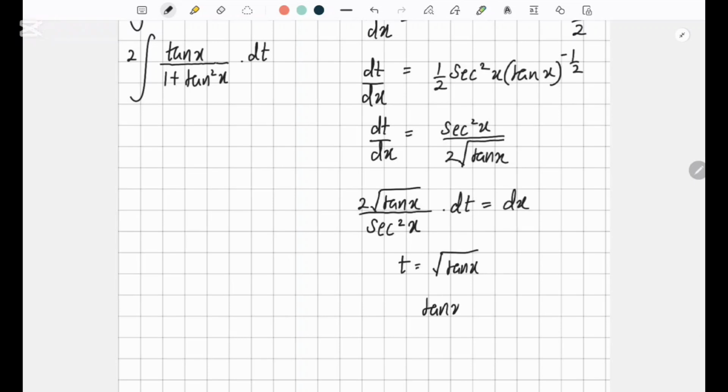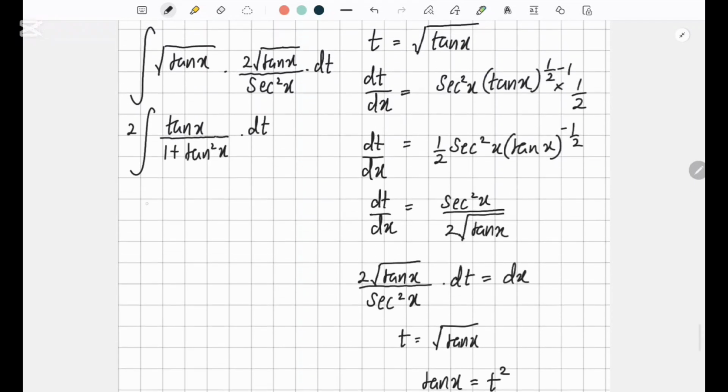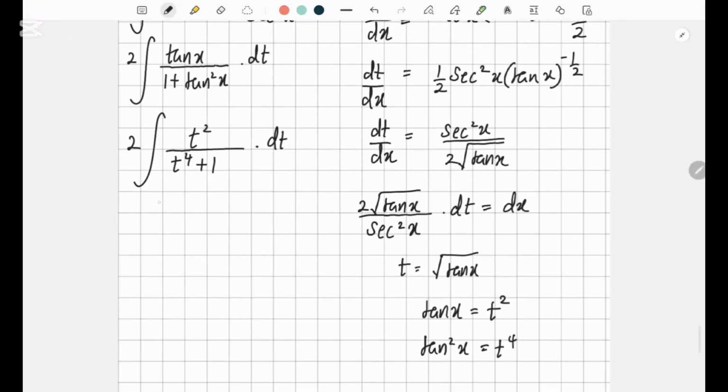Tan x is going to be t squared, and tan squared x is going to be t to the power 4. So now you have to integrate t squared over t to the power 4 plus 1 dt, right? And now I'm going to take the 2 back inside. I'm going to write 2t squared over t to the power 4 plus 1 dt.